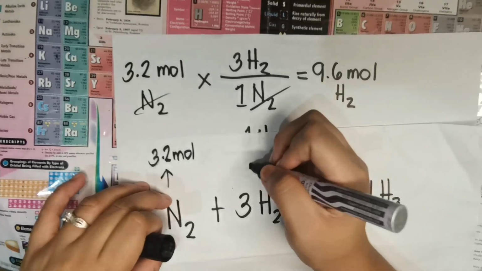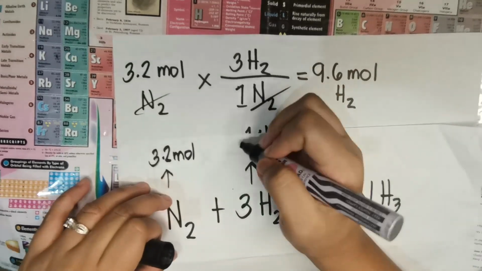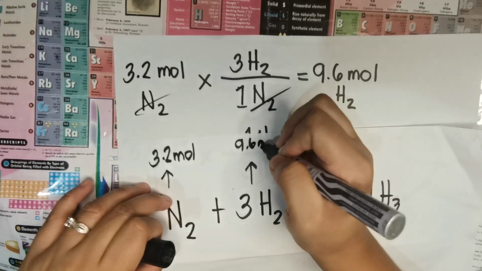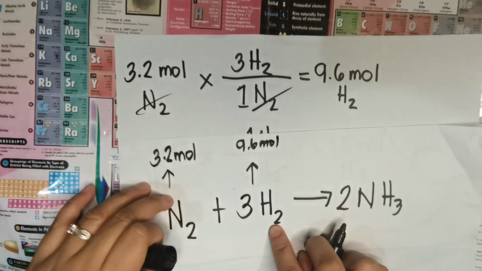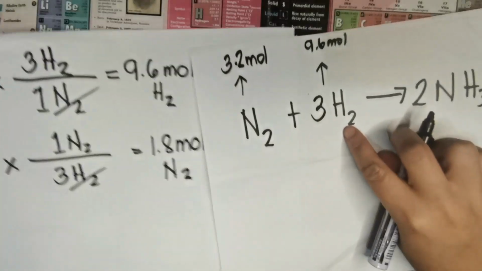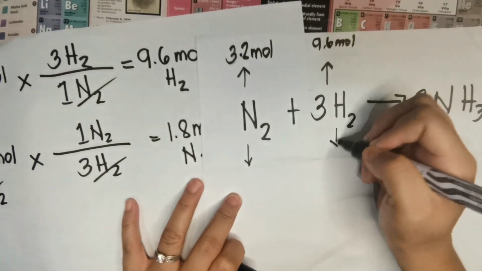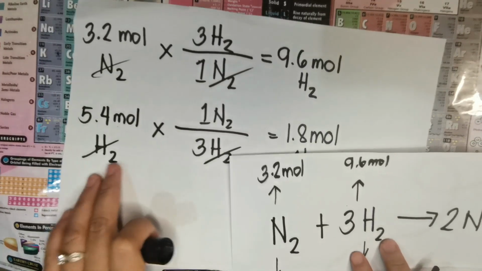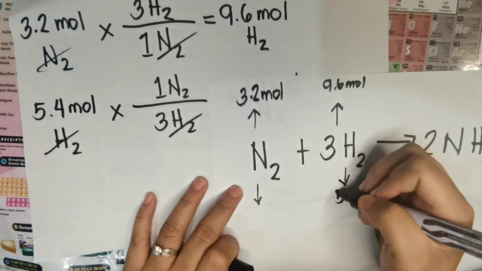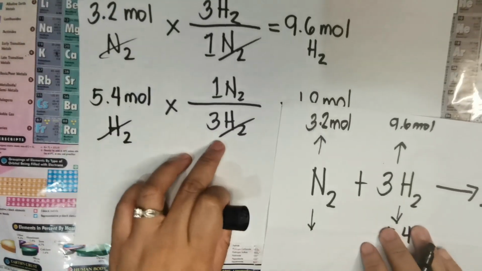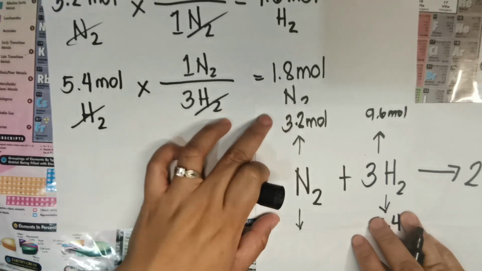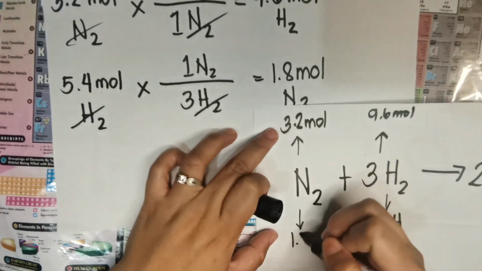Para mag-react siya with hydrogen gas, kailangan natin ng 9.6 moles ng hydrogen gas. At dito naman sa pangalawa, ilalagay ko sa baba. Kung gagamitin natin lahat ng hydrogen gas, ang kailangan natin ay yung given which is 5.4, at ang kailangan naman natin sa nitrogen gas is 1.8.